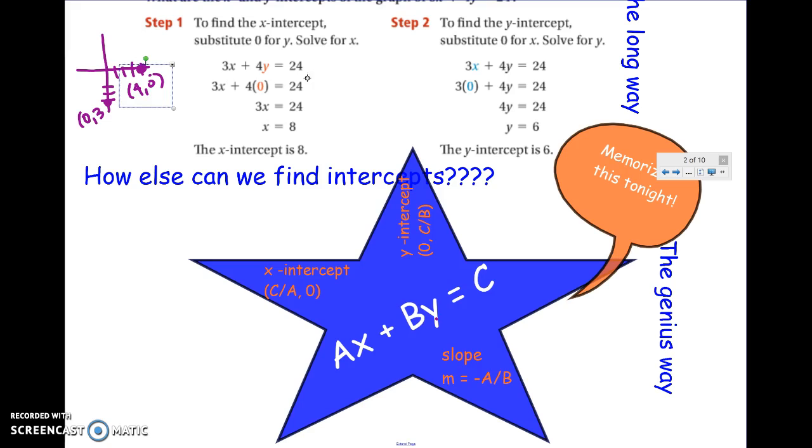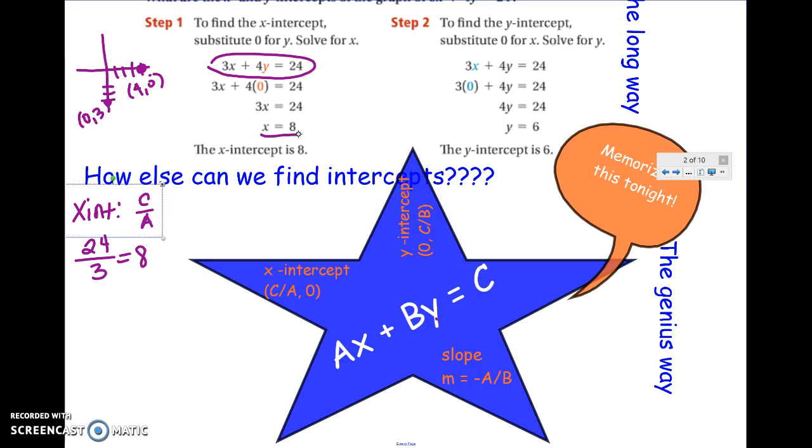So up here we had this problem, 3x plus 4y equals 24. So if we do it this way, the x-intercept is c over a. So our c here is 24 over our a, the one next to x, which is 3. So my x-intercept is 8, which is what I got here when I plugged in 0 for y. So I write it as a point, 8, 0.